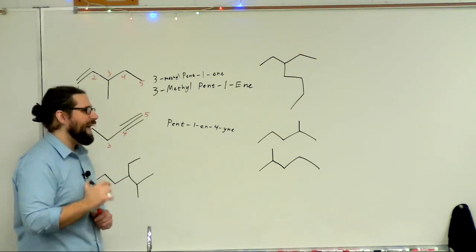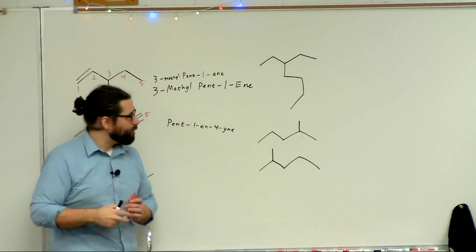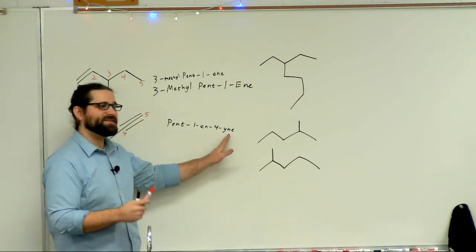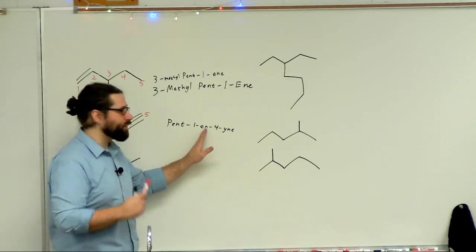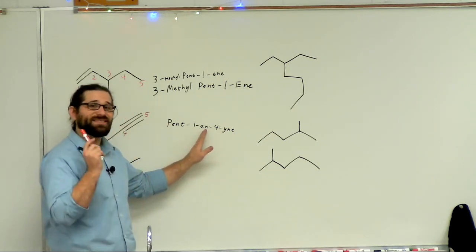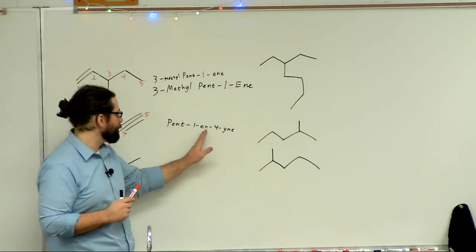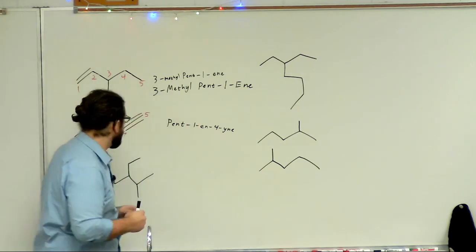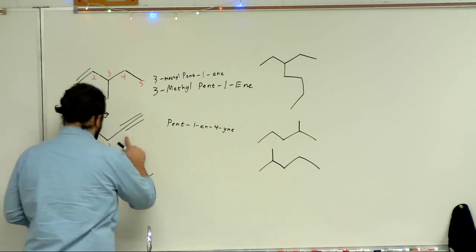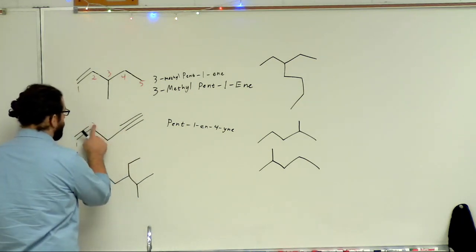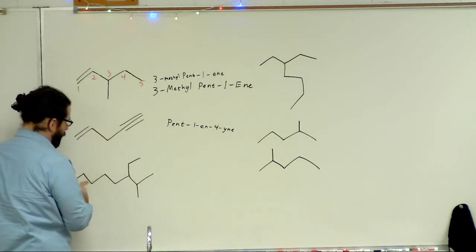Now, this name is actually incorrect. Because the alkyne has a higher priority than the alkene, I actually need to number this starting from my constituent that has a higher priority. So I actually need to flip my numbers around here. This is going to be the case in all organic structures. So far I've been drawing them from left to right, so we've been numbering them from left to right.